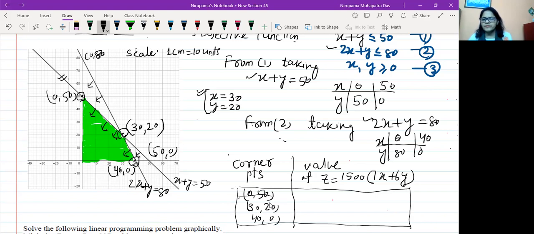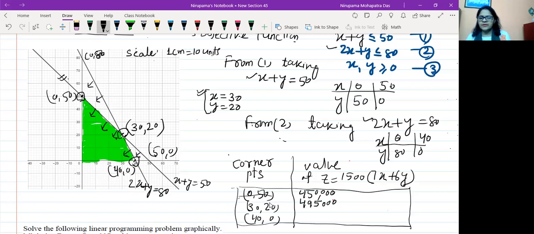For 0, 50, we get 1500 into 300, which is 45 with 4 zeros, means 4 lakh 50,000. For 30, 20, you are getting just 495, means 4 lakh 95,000.